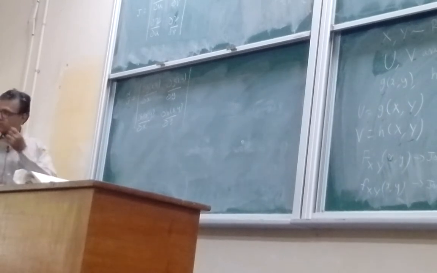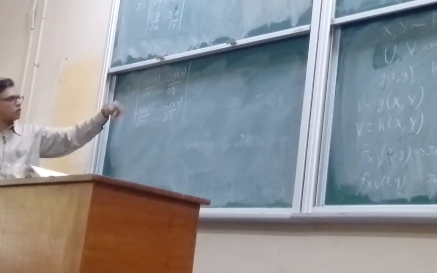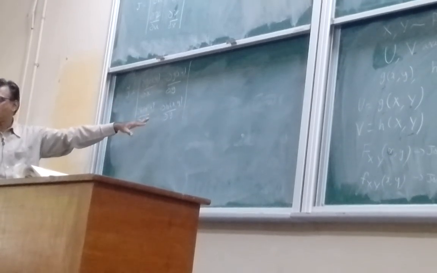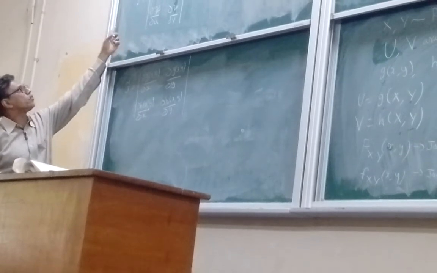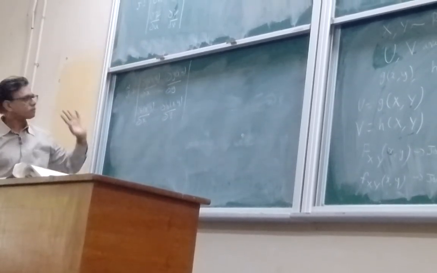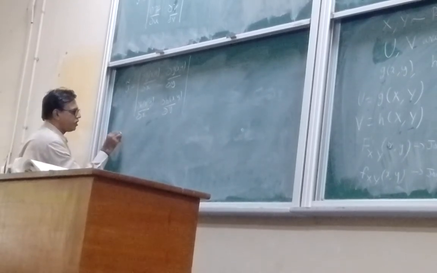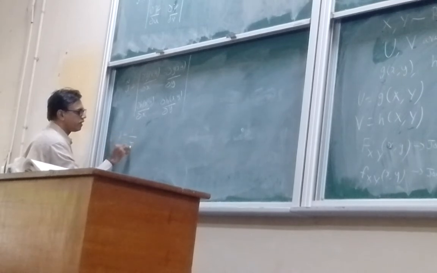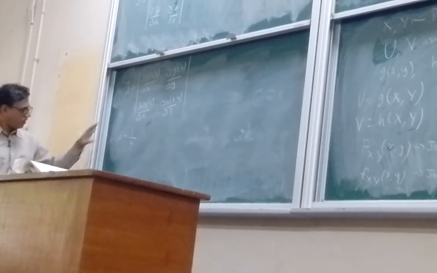You can define this because g and h are already given to you, so differentiating it you can easily get it. But the only thing is that you have to find the inverse mapping, to find what u, v, what x, y you have to substitute here. Once you find this, it is known that J is equal to 1 over J tilde. Again all these follow from calculus. They are inverses.